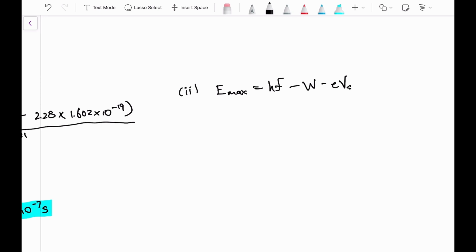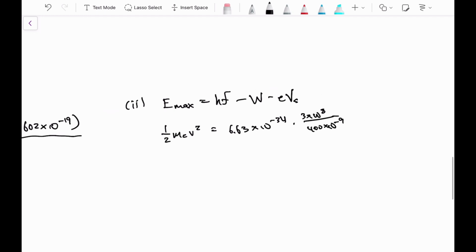Okay, so over here that will be a half m_e v squared is equal to 6.626 times 10 to the minus 34 times the speed of light over the wavelength, and then minus the work function.